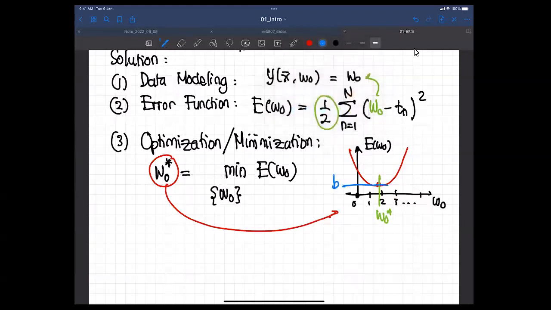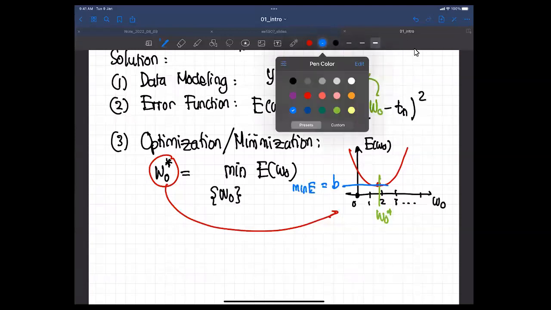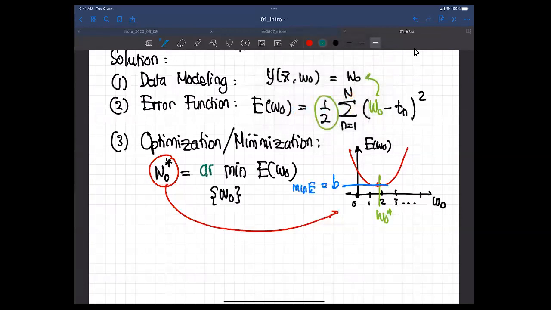So this is B. B is the mean of E. But if I use argument mean, then it is the x-axis. If I just use mean, then it's the y-axis. So because we want to have W0, then it will be the x-axis. That's why we use argument mean.